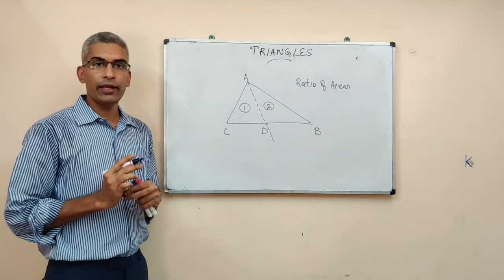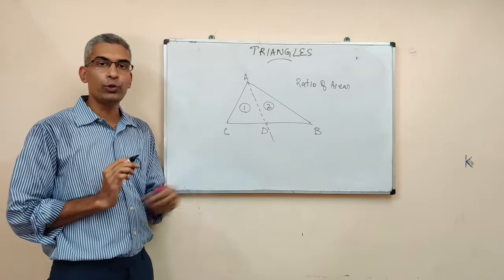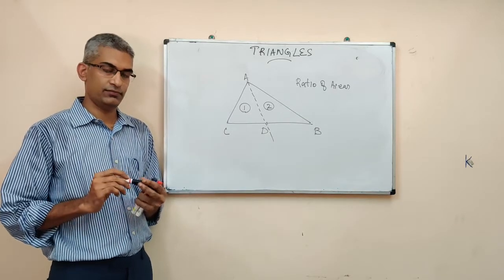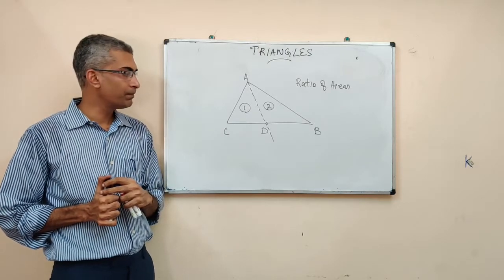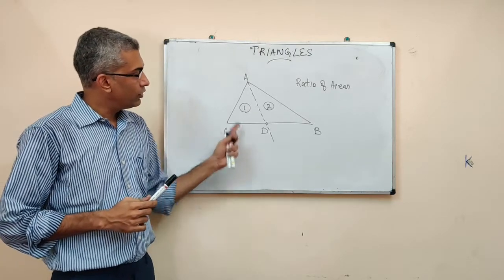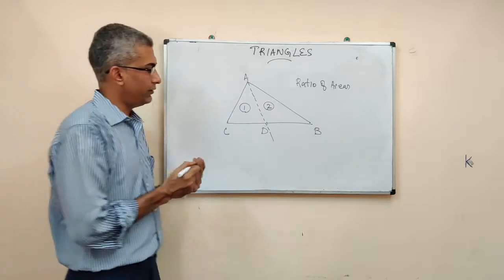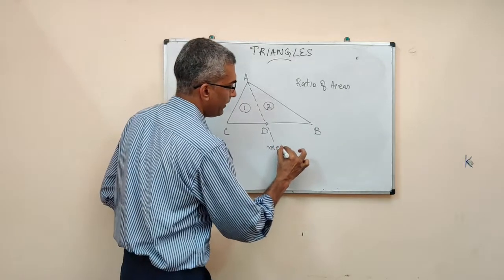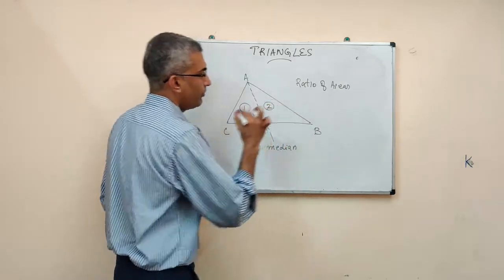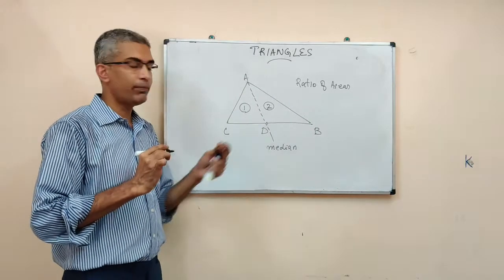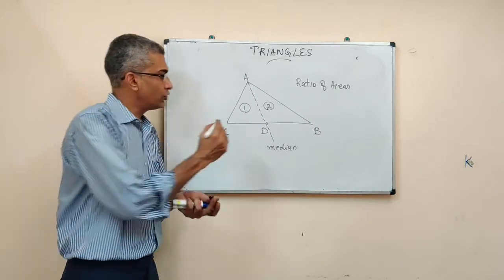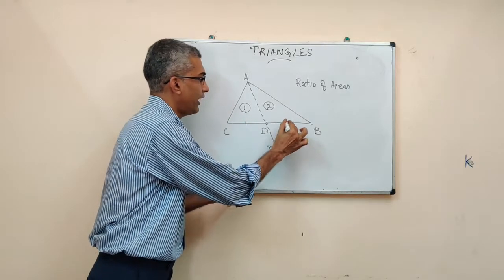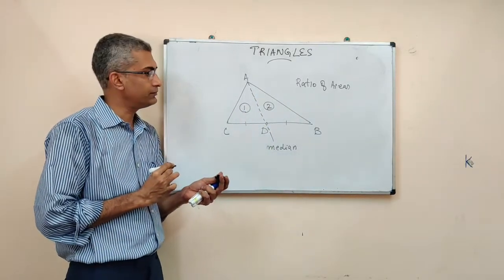Can you tell me the ratio of areas 1 and 2? Look at the figure. What I said is AD is the median. What do you mean by median? Median is the line that goes through the midpoint of the other side. So CD and DB are equal.